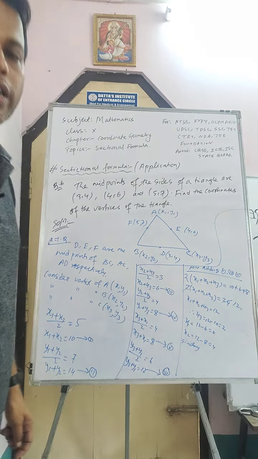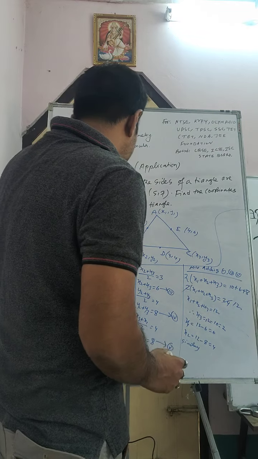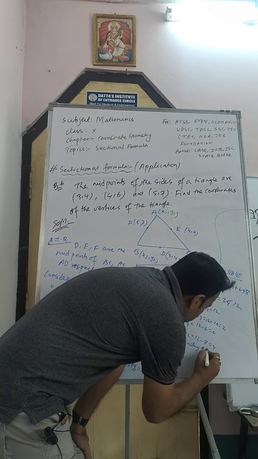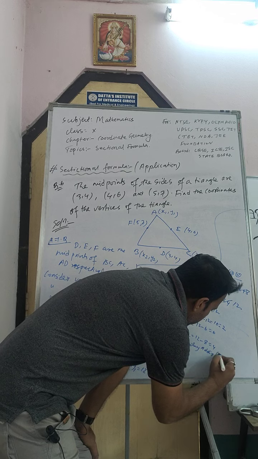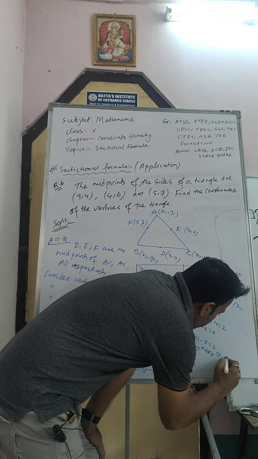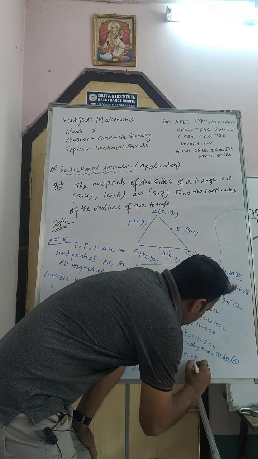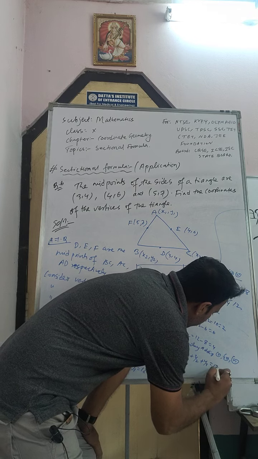Okay, so similarly we can find out y1, y2 and y3. Just add equations 2, 4 and 6. So y1 plus y2 plus y3 will become 17.